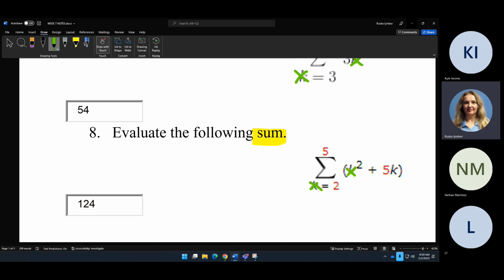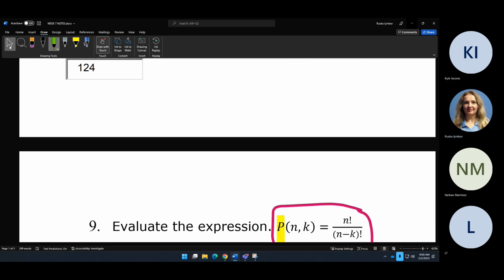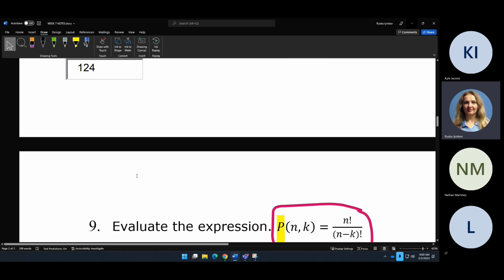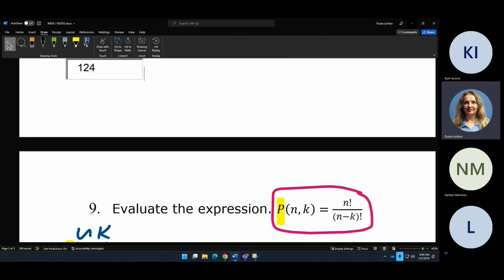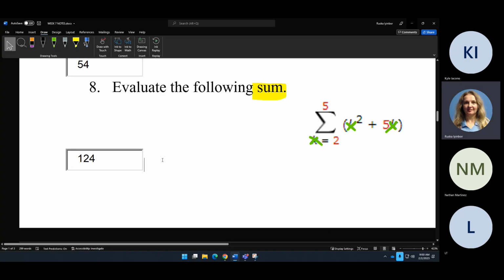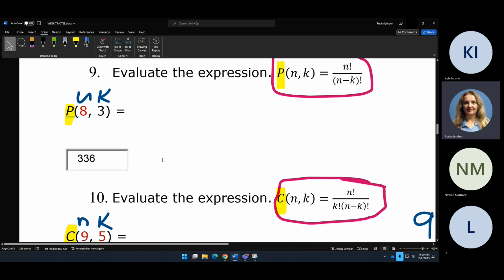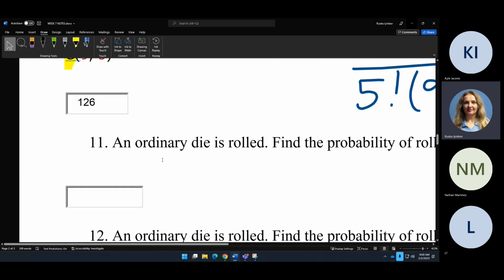So you press x squared plus 5x, and you get your answer. 124 for number 8? Okay, everybody good so far? Any questions? Okay, so the first 8 questions are pretty much calculated, right? For number 9 and 10, again, plug the formula into the calculator. Okay, ready for the next one?